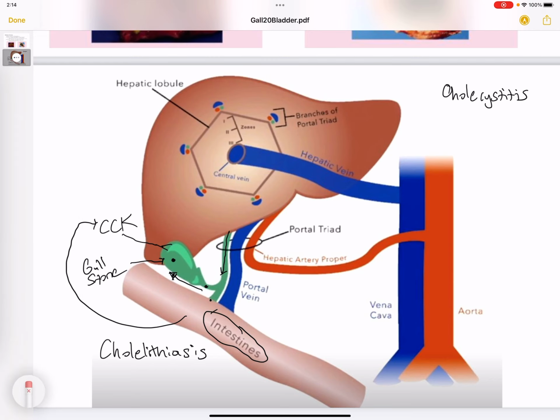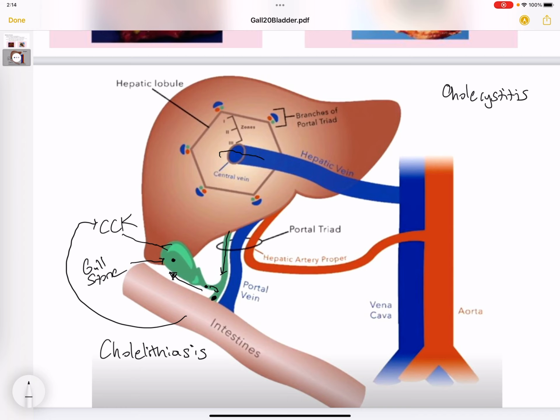Now, if that stone moves into our common bile duct, let's say that this stone moves into our common bile duct, what can happen is bile is not going to be able to move into the intestines, so that bile is going to back up, and then it is going to back up into our liver.